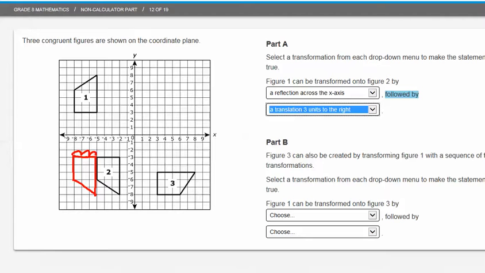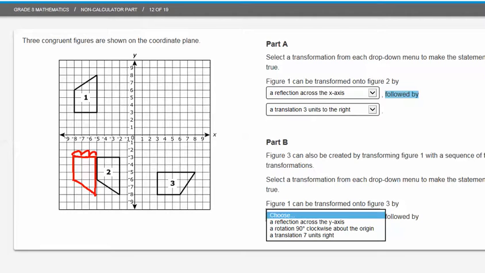All right, part B. Slide down the screen a little bit, or I guess I don't have to. Figure 3 can also be created by transforming figure 1 with a sequence of transformations. Select a transformation from each drop-down menu to make the statement true. Figure 1 can be transformed into figure 3 by, and remember we're going to have 2 options here, a reflection across the y-axis.